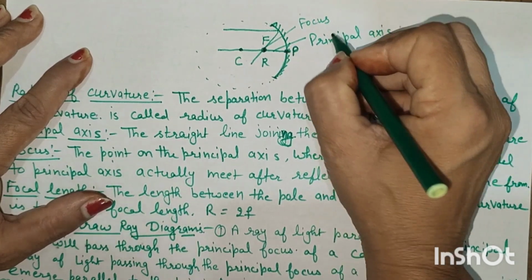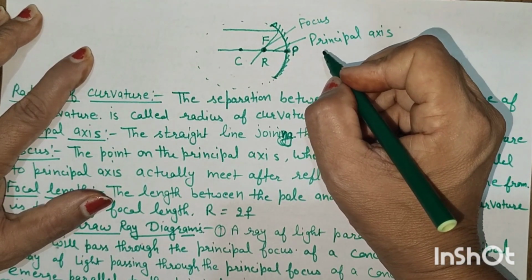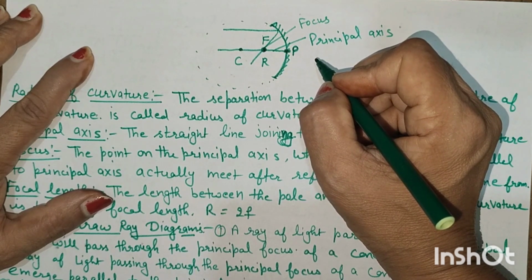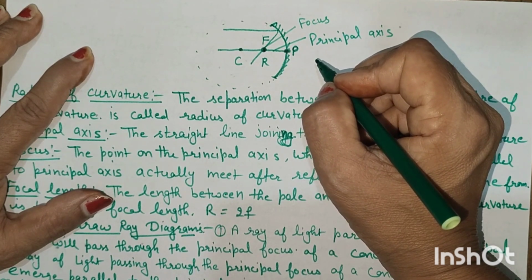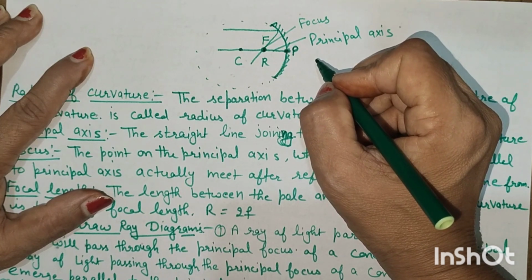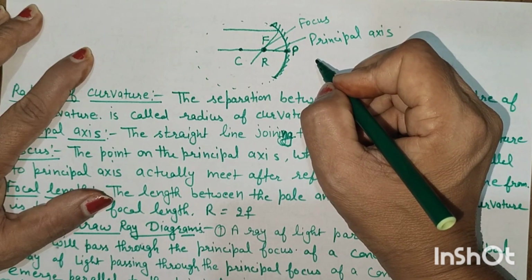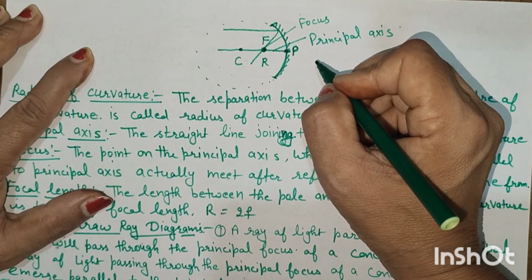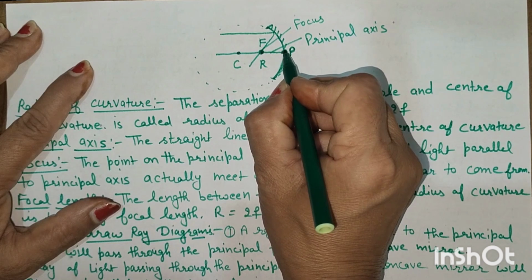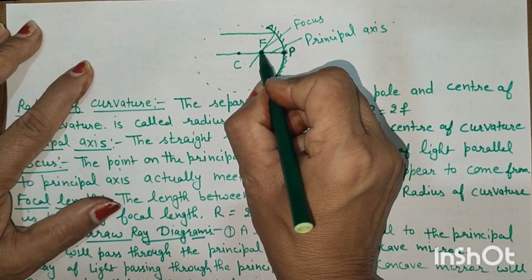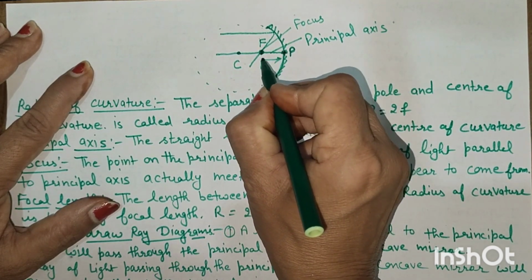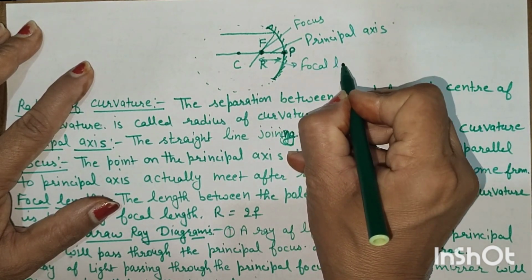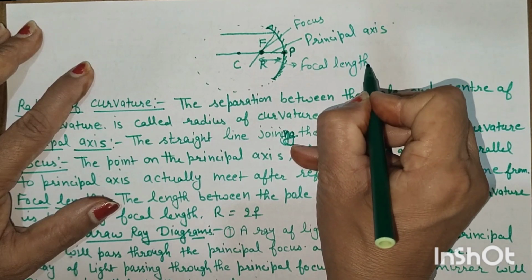It is the point on the principal axis where a beam of light parallel to the principal axis actually meets after reflection or appears to come from. This is called principal focus. Focal length is the length between the pole and the focus. This length is called focal length.